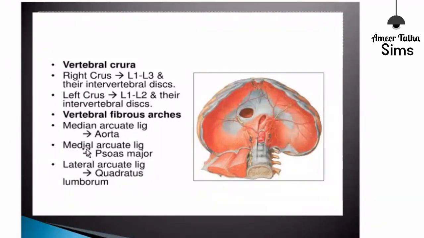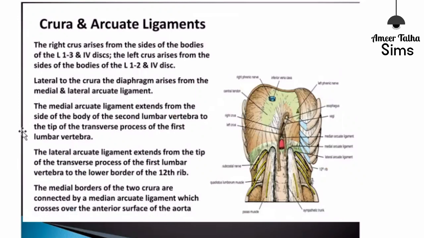The medial arcuate ligament extends from the side of the body of the second lumbar vertebra to the tip of the transverse process of the first lumbar vertebra. This part is the medial arcuate ligament.